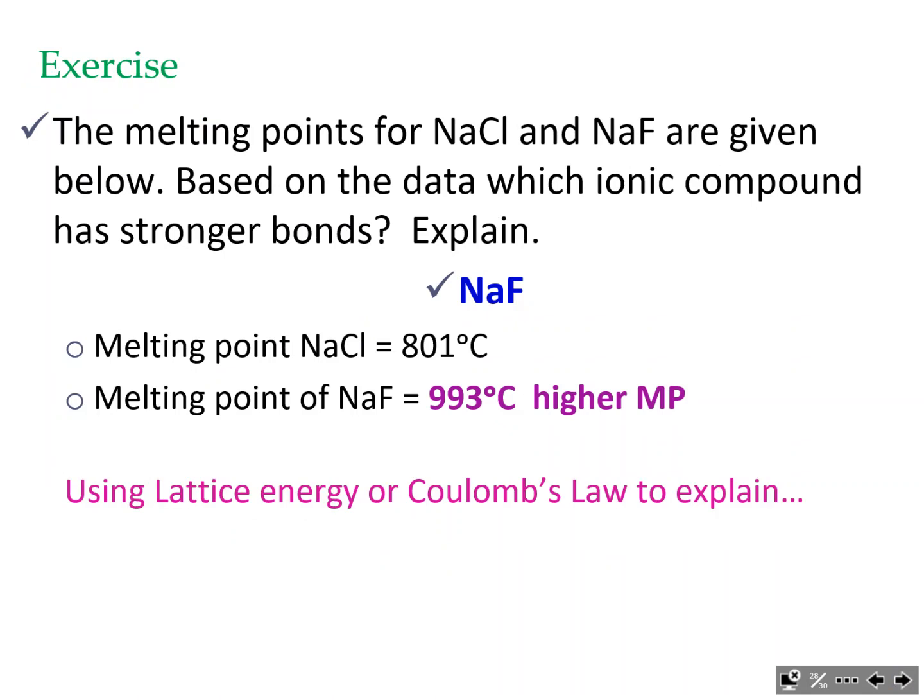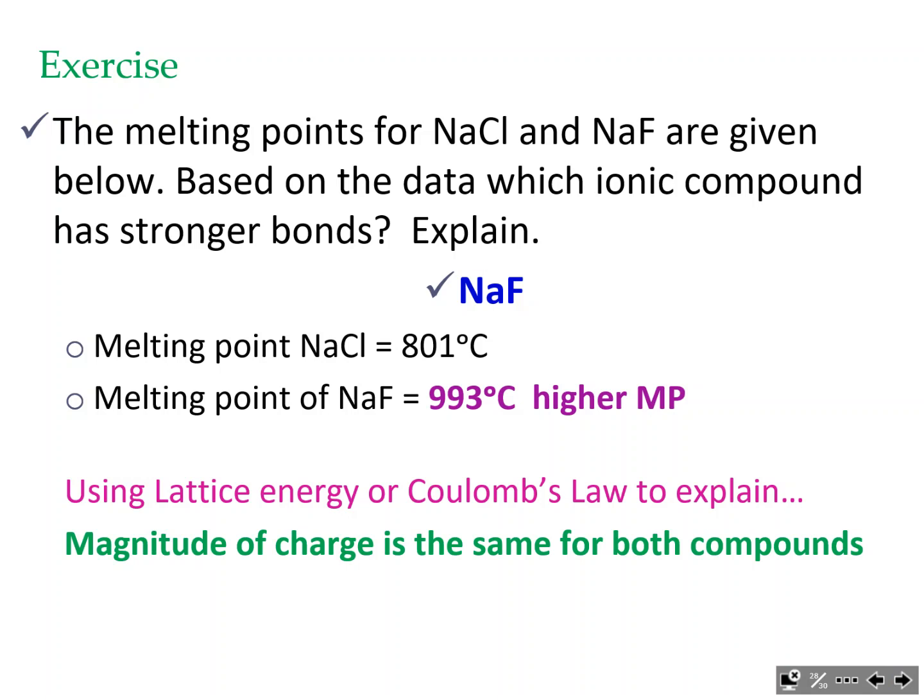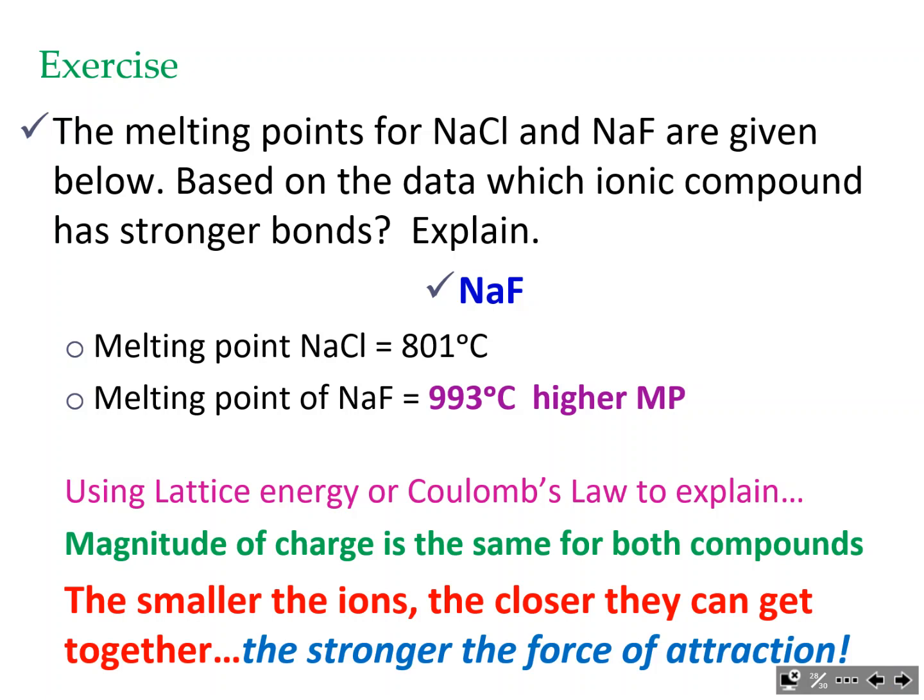Using lattice energy or Coulomb's law, you explain that the magnitude of the charges is the same for both compounds. However, the smaller the ions, the closer they can get together. So you would say that fluoride is a smaller ion than chloride, and the sodiums are the same, so the distance between them would be shorter.